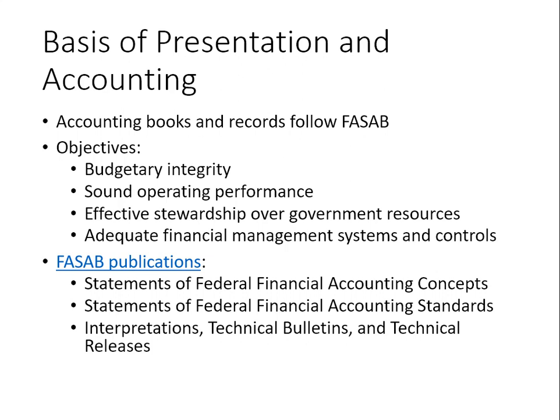In terms of FASB publications, there are already a lot of them, and here's a link. You can take a look if you're interested. Basically, there is the Statement of Federal Financial Accounting Concepts, then the standards, and then we have interpretations, technical bulletins, and technical releases.